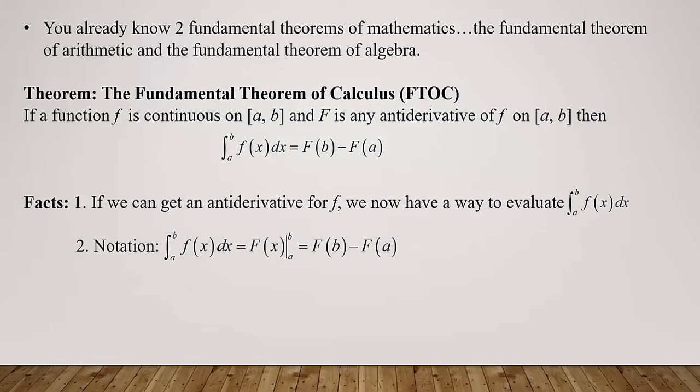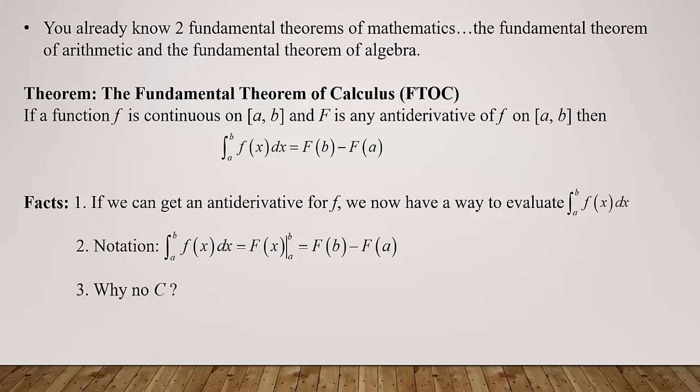When doing the integral from a to b, f of x dx, you get your antiderivative, big F. You write it down, make a vertical bar, put the lower limit of integration at the bottom of the bar and the upper limit at the top, and then you evaluate: big F of b minus big F of a.